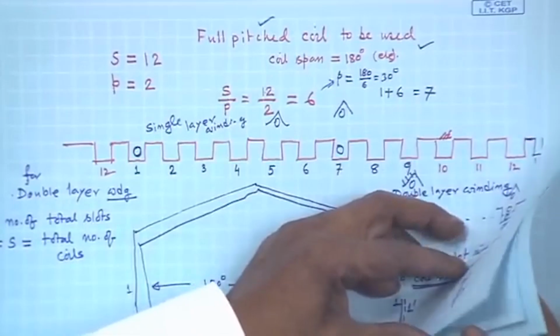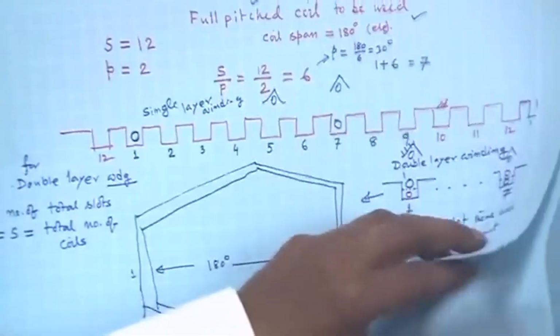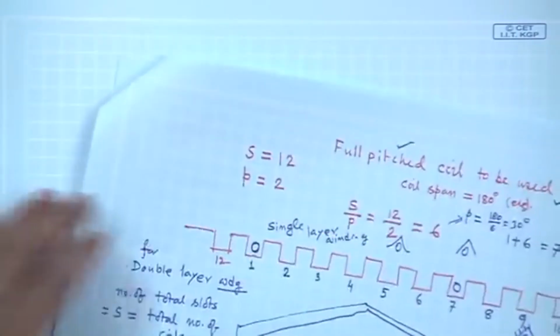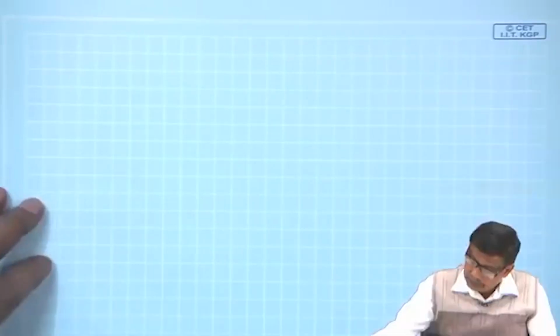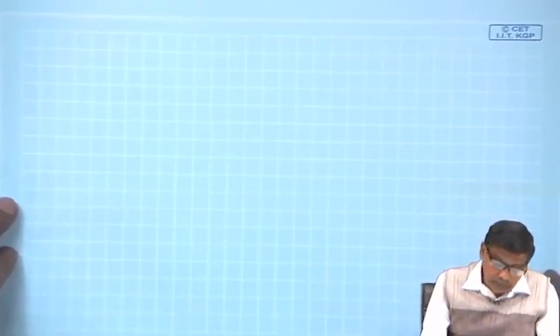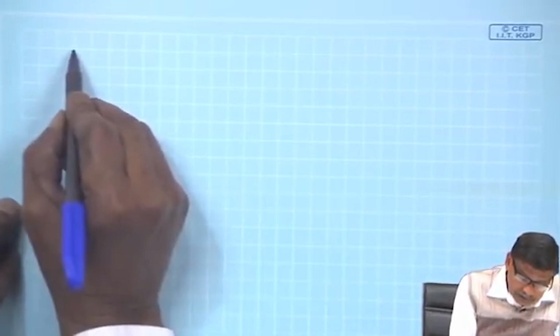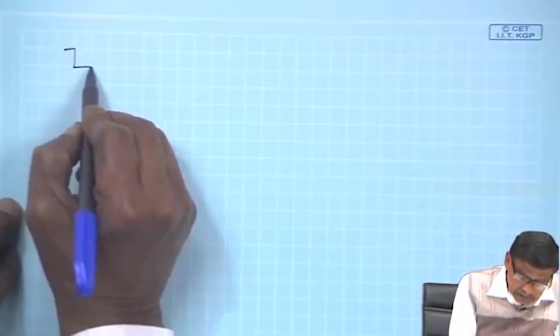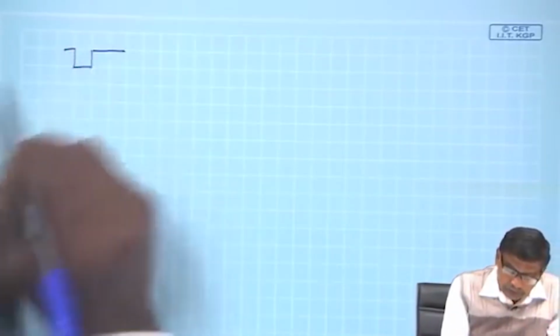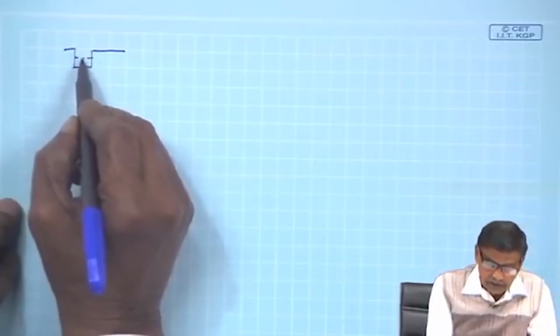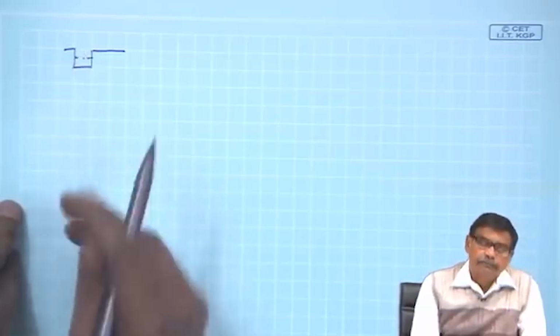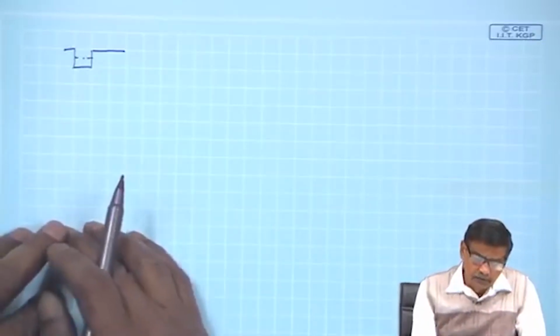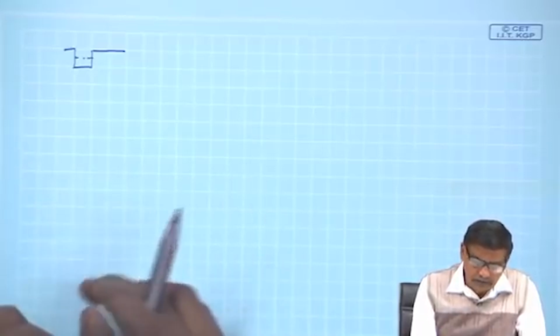In double layer winding, essentially in each slot there will be two conductors. You recall, just quickly reviewing. Two coil sides will be there in each slot, and these coil sides may belong to the same phase group or to different phase groups, that we will see.